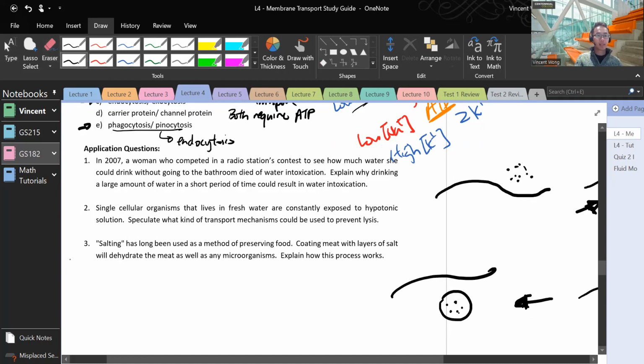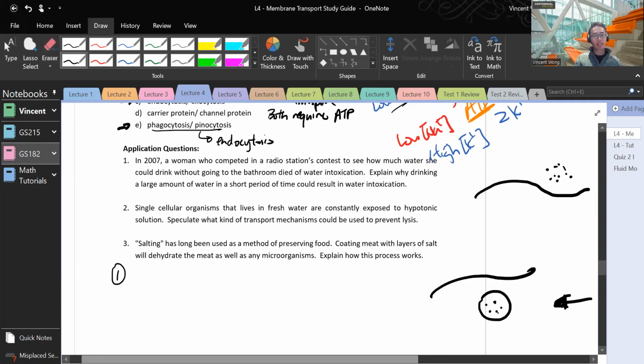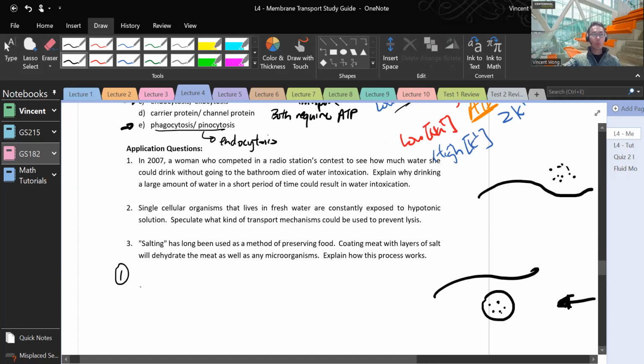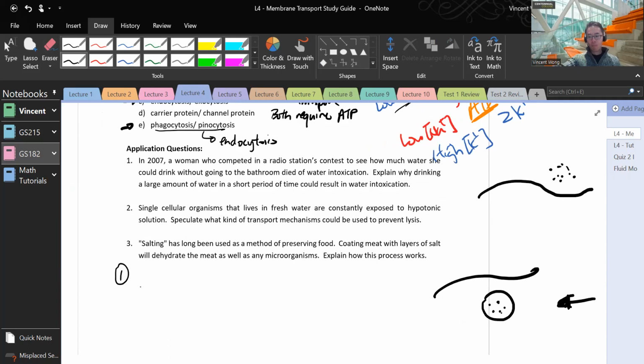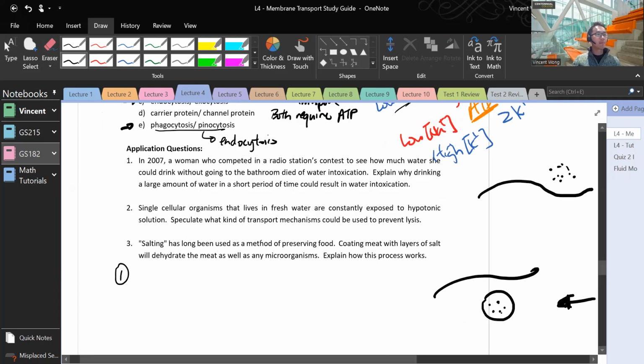Okay, so anybody want to give me some ideas of why drinking so much water is going to be toxic for the body? Red cells become hypotonic. Yep. So you're going to create a hypotonic environment in the blood.